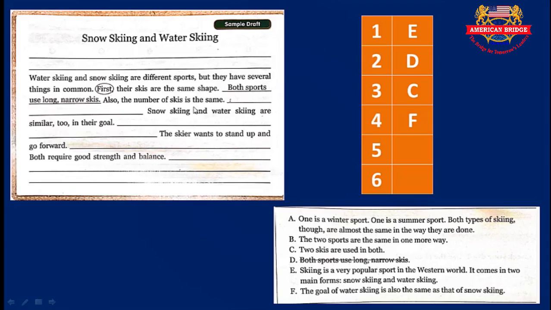So we have two more left, everyone. Number five, B: the two sports are the same in one more way. One is a winter sport and one is a summer sport. Both types of skiing are almost the same in the way they are done, right?